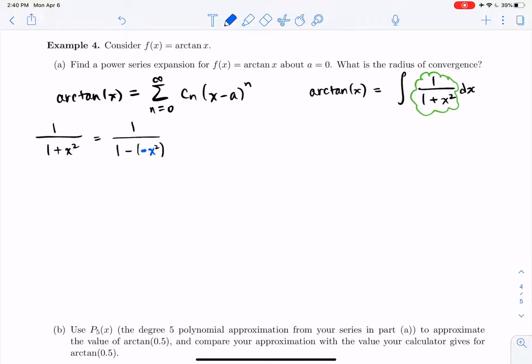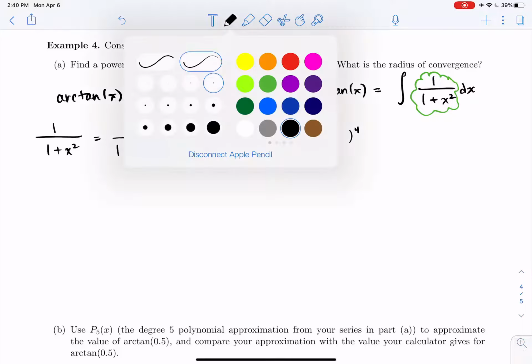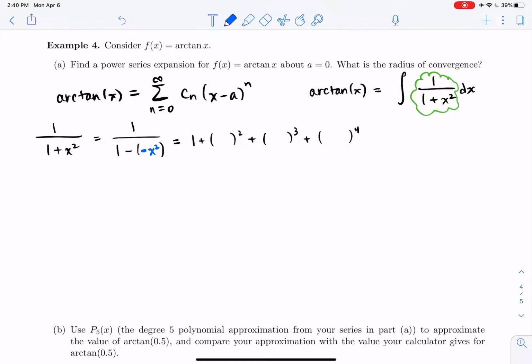So in the power series expansion for 1 over 1 minus x, we're going to replace x with a negative x squared. So this is 1 plus, this is the power series expansion for 1 over 1 minus just x. But everywhere I had x in the original series, I'm going to put my negative x squared there. Okay, and this goes on.